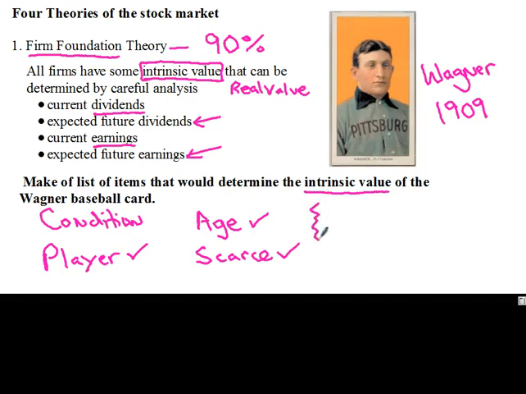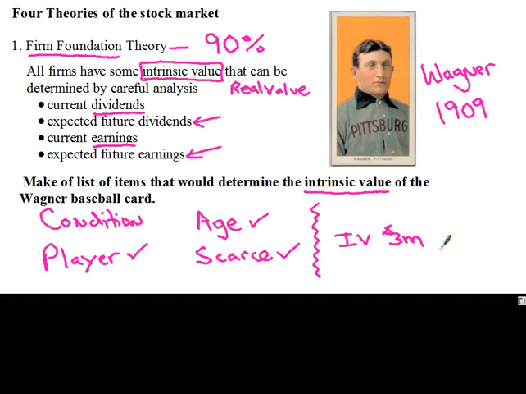So let's say that we've done this careful analysis and we believe that the intrinsic value, or the real value, of the Honus Wagner card is $3 million. Let's say that's what we believe. We've done our analysis, and that's what we believe is the intrinsic value.